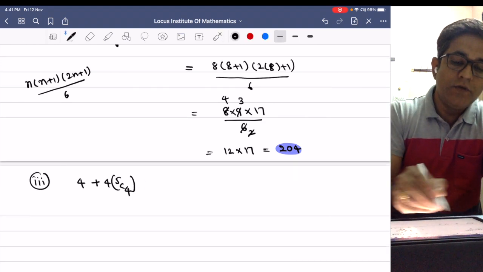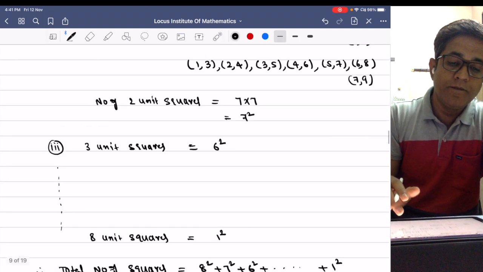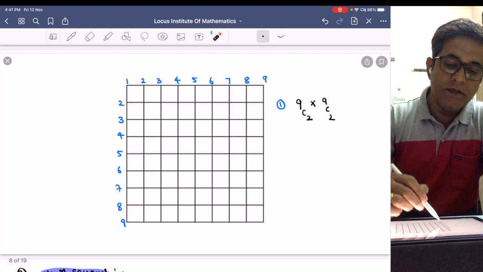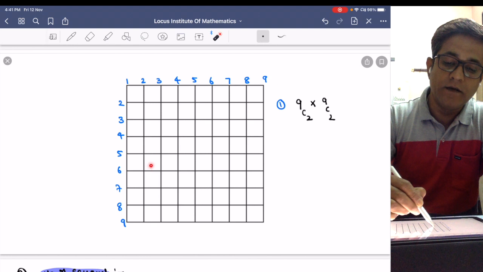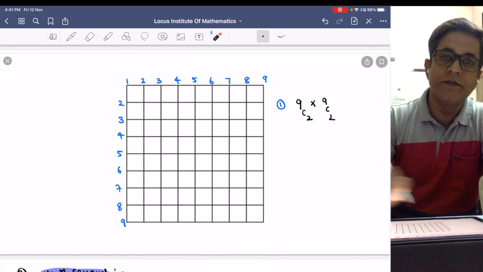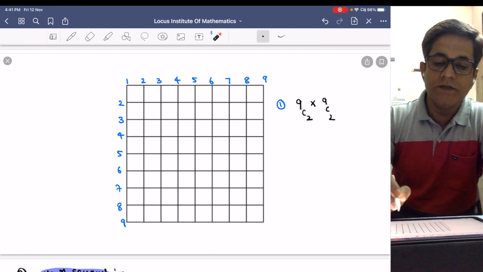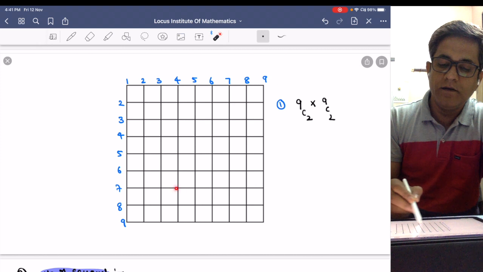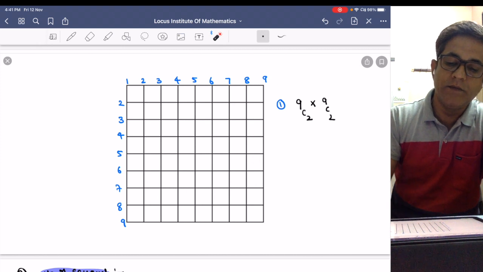Similarly, now come to the next diagonal. This diagonal contains 1, 2, 3, 4, 5, 6 unit squares. From 6 unit squares, we need to select 4, 6C4 ways. Similarly, this side, this side, this side by symmetry.